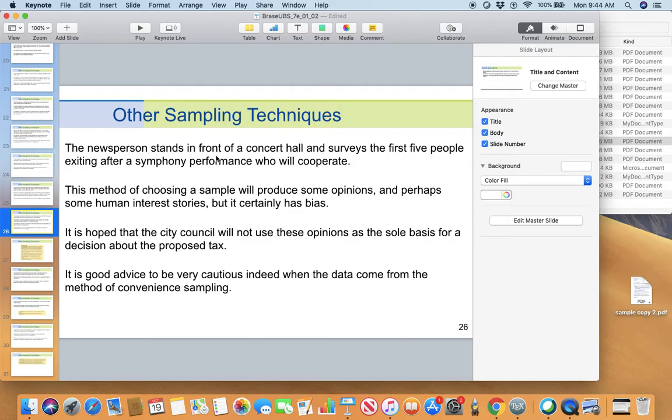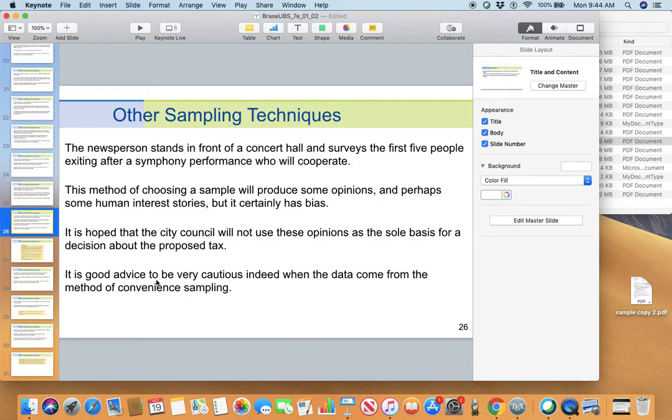The newspaper stands in front of a concert hall and surveys the first 5 people exiting after a symphony performance who will cooperate. This method of choosing a sample will produce some opinions and perhaps some human interest stories, but it certainly has bias. It is hoped that the City Council will not use these opinions as the sole basis for a decision about the proposed tax.